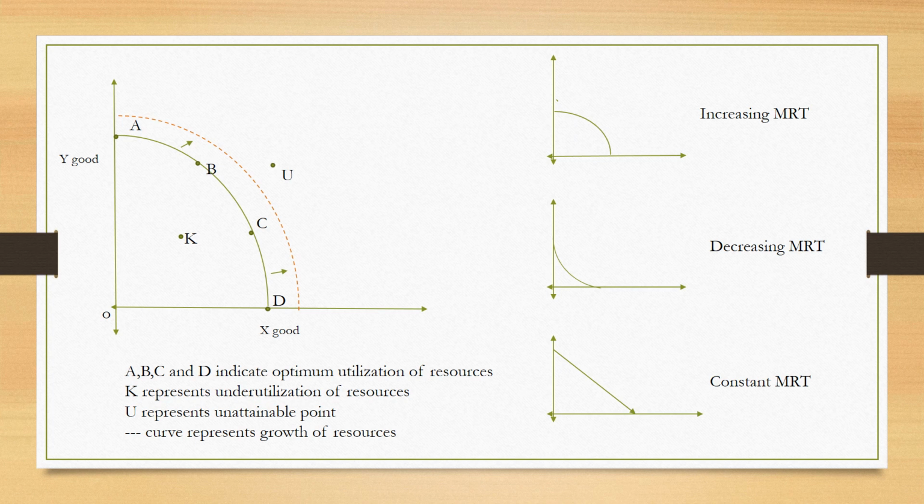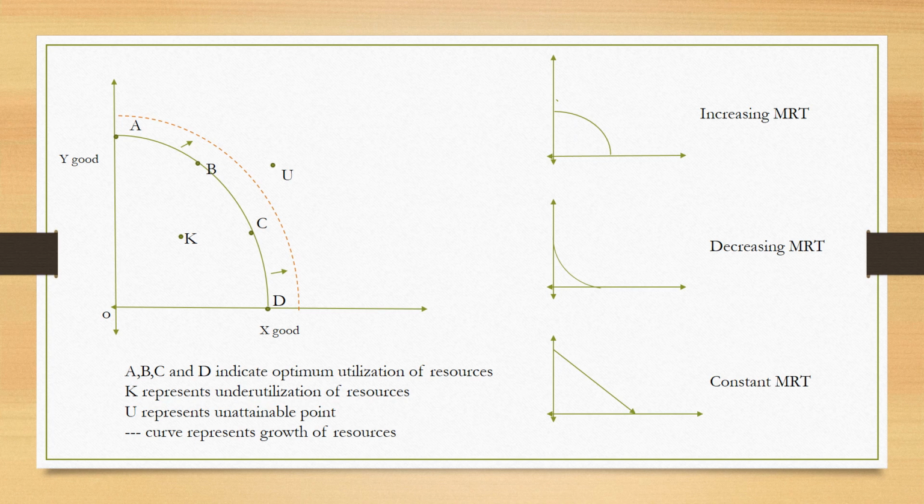Now let us see the shape of the production possibility curve. In general, the production possibility curve is concave to the origin. It is of concave shape because of increasing marginal rate of transformation.